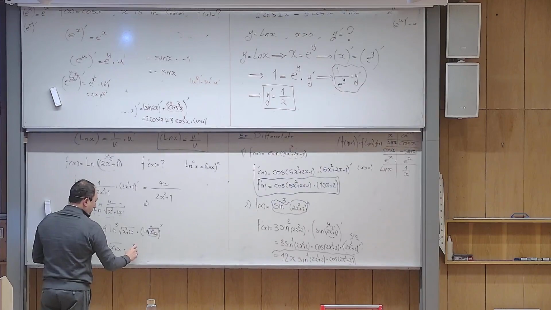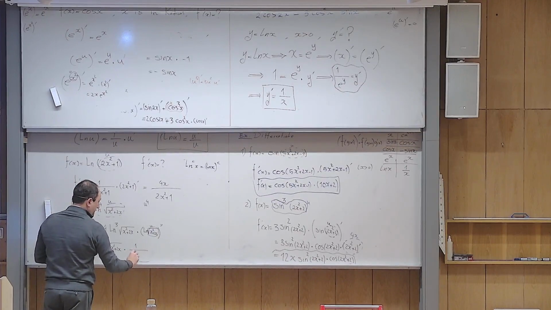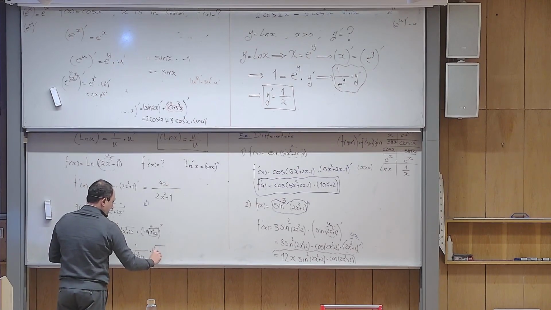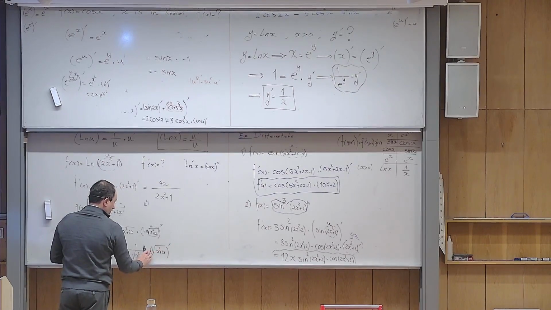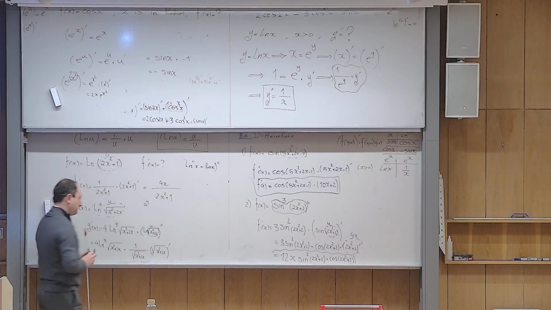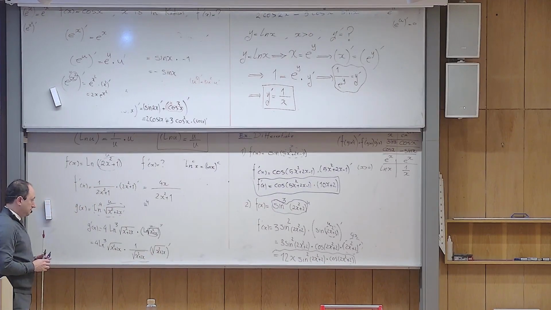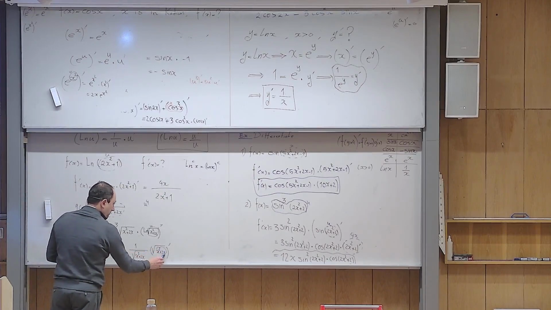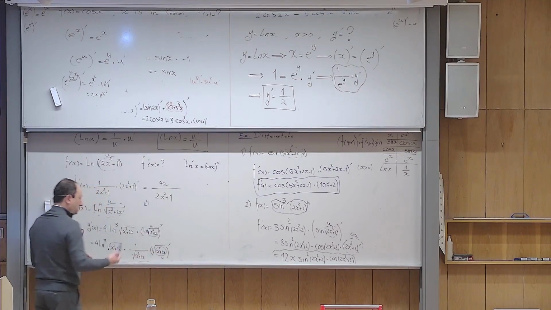So this becomes 1 over u multiplied by u prime. Yes? But now I give the role of u again to this. Now you understand why this is called the chain rule. It's coming one after the other.